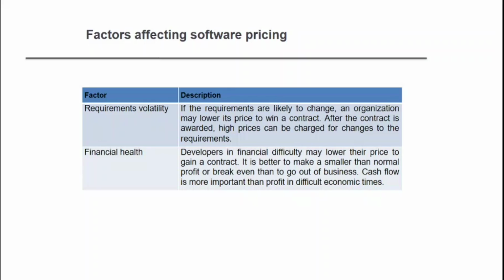After the contract is awarded, a high price can be charged for changes to the requirements. So once you get the contract from the customer, you can charge for the day-to-day changes of the requirements. Then you can charge extra money to the client. So that is also one of the strategies in the factors of software pricing.